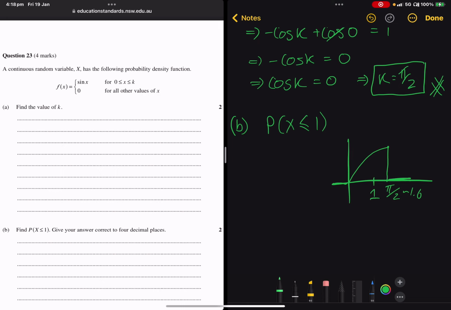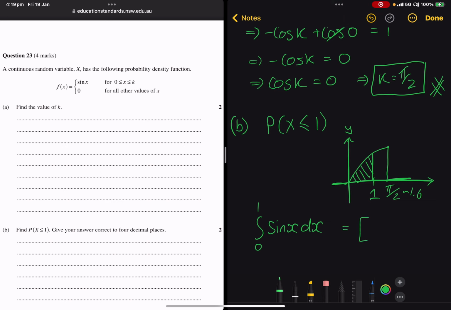And we want the probability x is less than or equal to 1. Well, 1 is about here, so that is going to be this area. This area under this curve will correspond to the probability. And so this is just going to be the integral from 0 to 1 of sine of x, because we're just after the area. This total area is 1, so we can just take this integral and this will give us the probability. We don't even need to modify it.